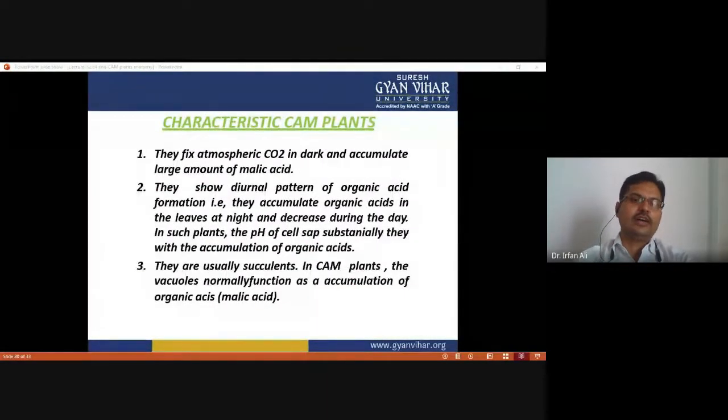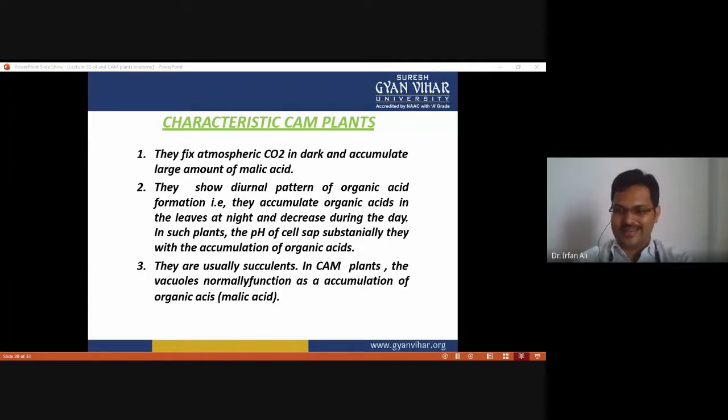So, what are the characteristics of these CAM plants? They fix atmospheric carbon dioxide in the dark and accumulate a larger amount of malic acid during the night time, when the temperature is low and there is no problem of transpiration and loss of water. So they show a diurnal pattern of organic acid formation.